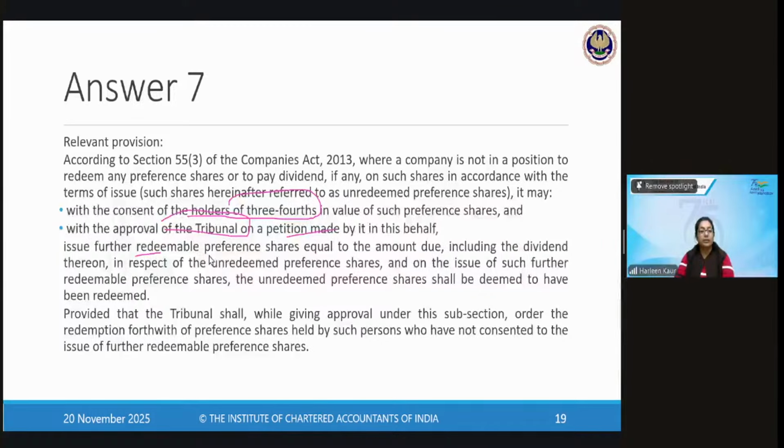On the issue of further shares, the unredeemed shares shall be deemed to have been redeemed. Here, the tribunal, while giving the approval, will order the redemption forthwith of preference shares held by persons who have not consented to the issue of further redeemable preference shares. Is that clear? So what Ram has said was also quite justified.